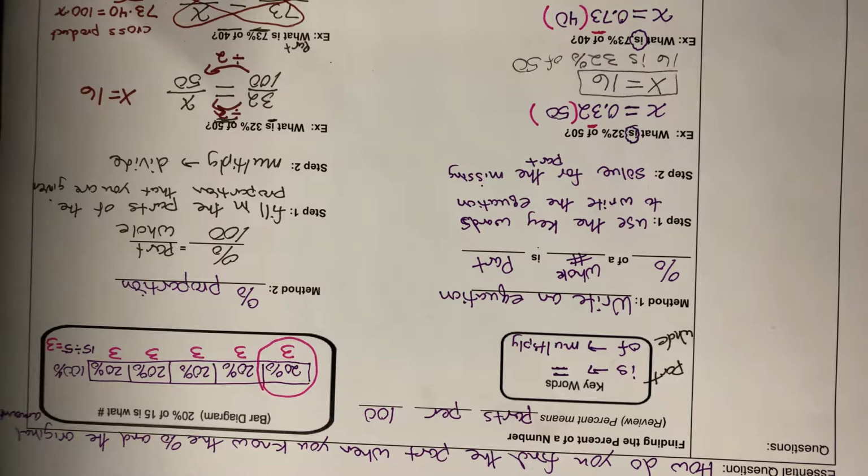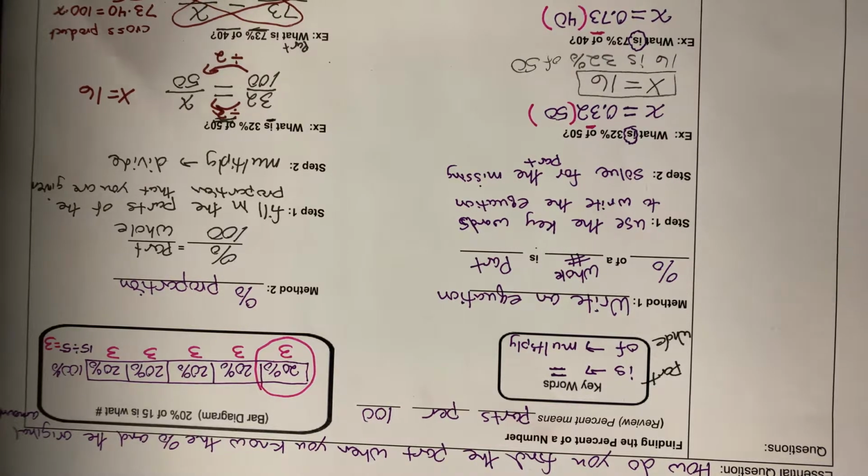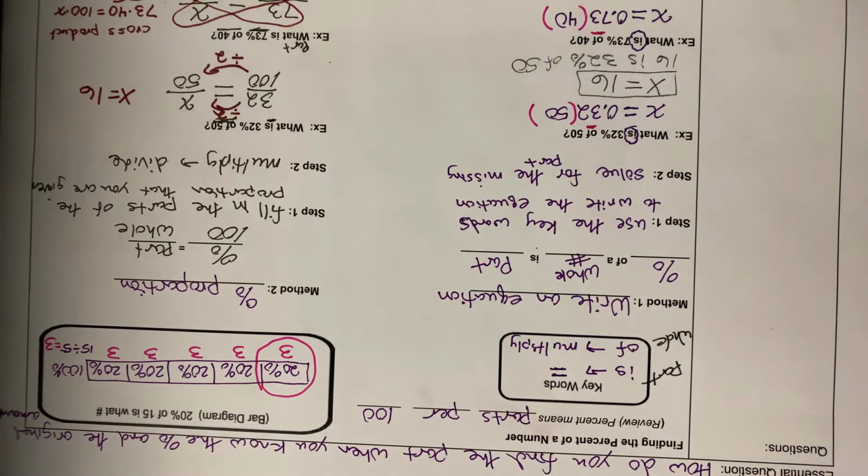From there, it's going to be equal to, and again, we have "of 550," which means we have the whole, which means we're solving for the part once again. For this one, I'm going to use cross product again, or we can say, what number times 100 would give us 550.